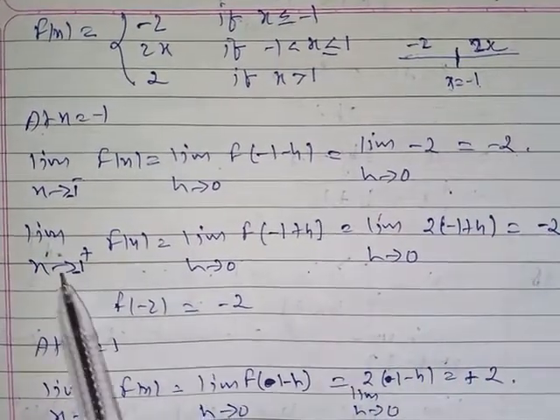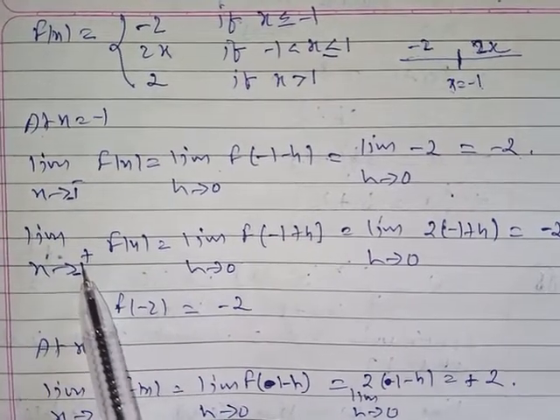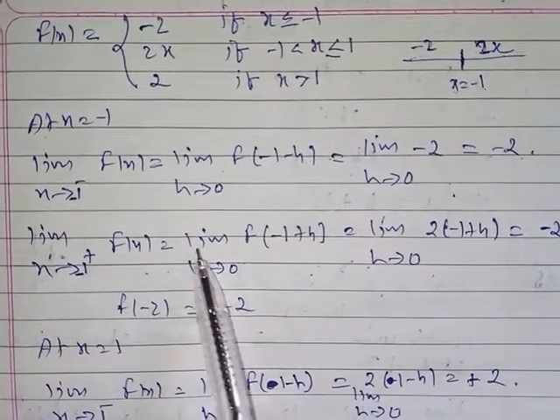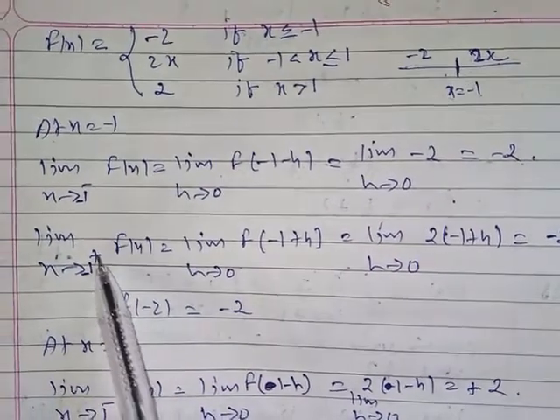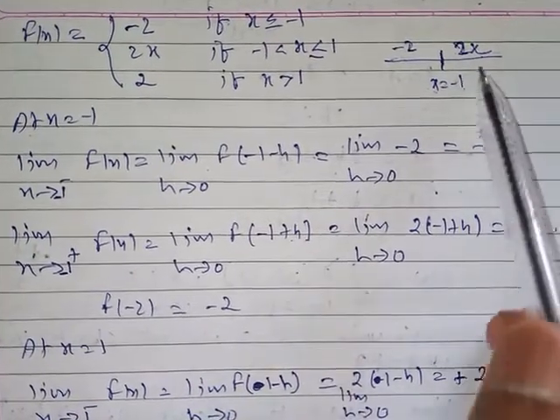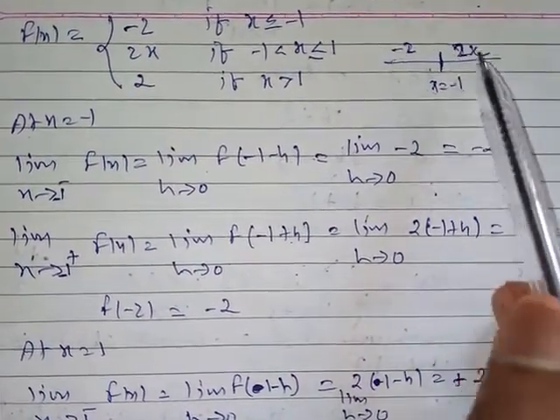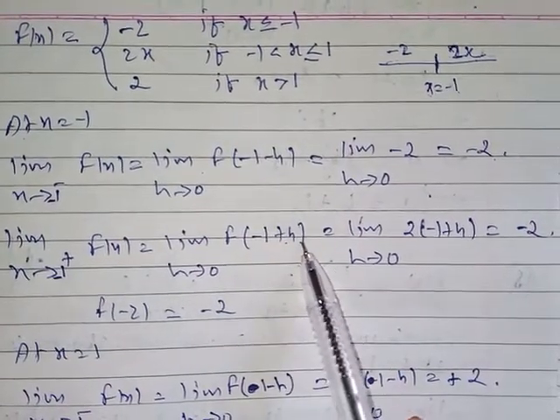Let us check for the right hand side. Limit x tends to minus 1 plus of f of x is equal to limit h tends to 0 of f of minus 1 plus h. The function is defined as 2x. So in place of x, you have to write minus 1 plus h.